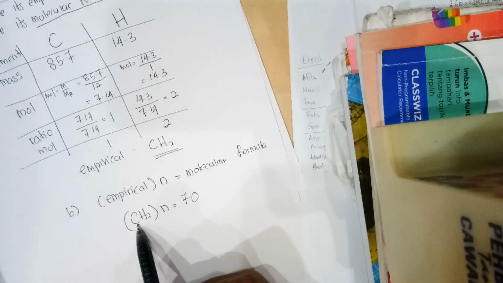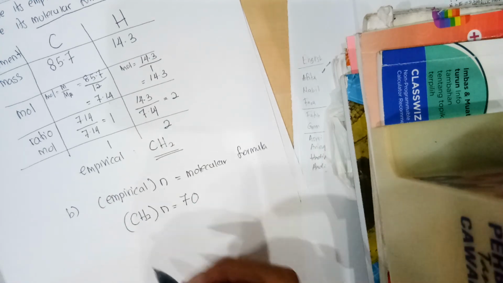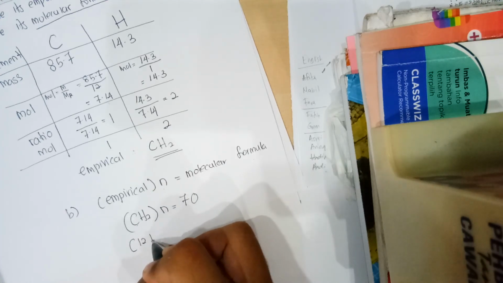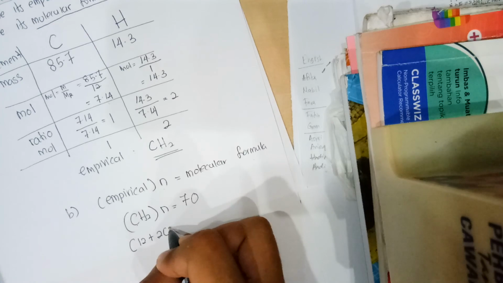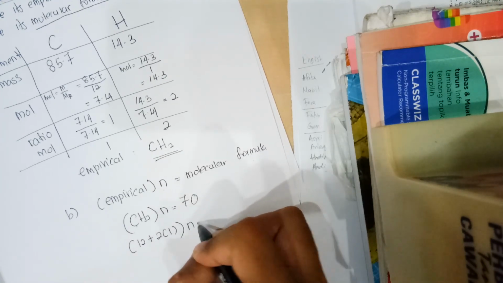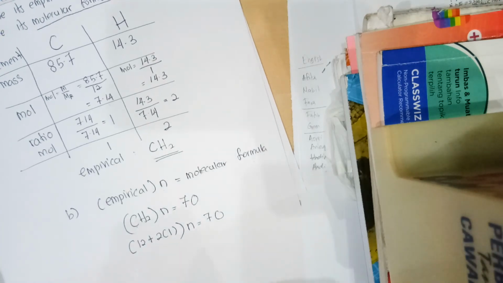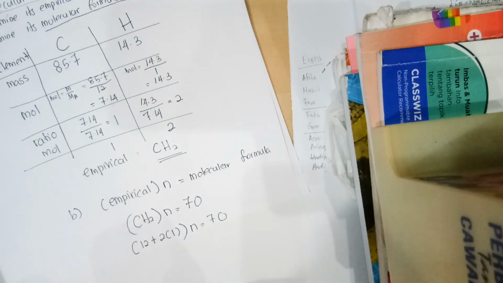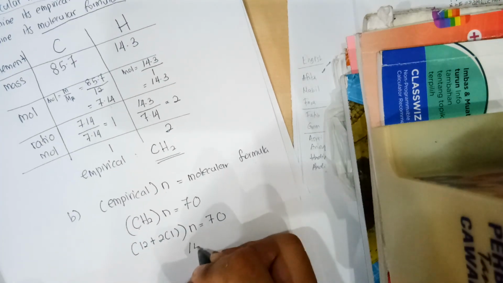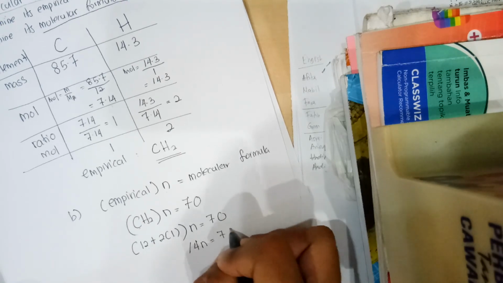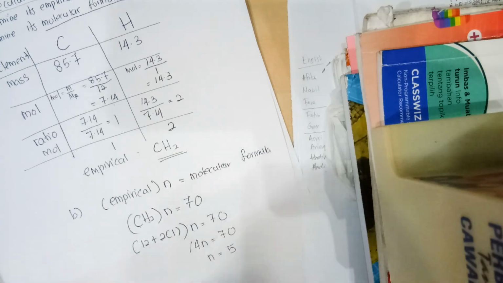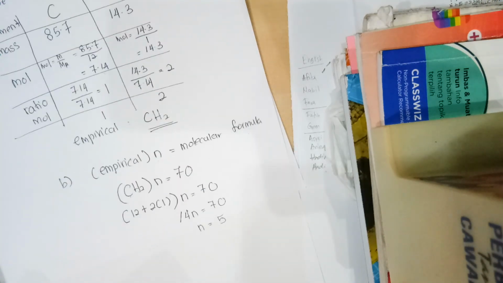You see that the empirical formula is CH2, so you find the mass by checking the periodic table: carbon is 12 plus 2 hydrogen, which is 2 times 1 because hydrogen is 1, times N, equals 70. Continuing, 12 plus 2 is 14, so 14N equals 70, and you find N is 5.